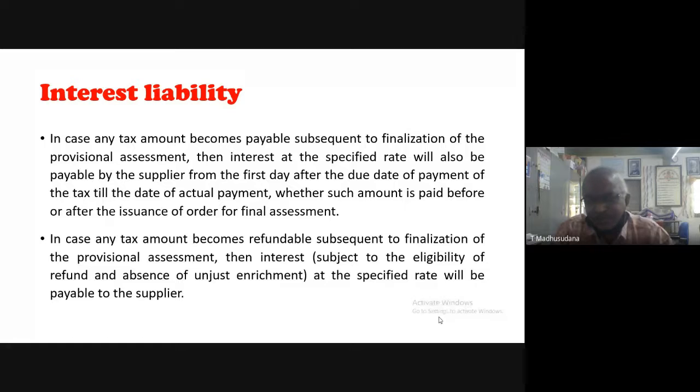In case any tax amount becomes refundable to the supplier subsequent to finalization of the provisional assessment, then interest at the specified rate will be payable to the supplier. So the government will also refund the amount with interest.